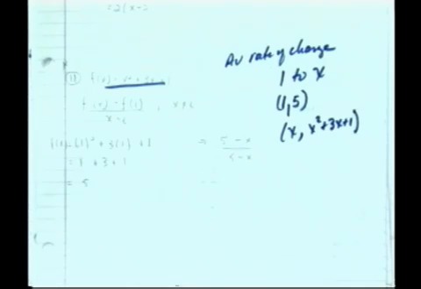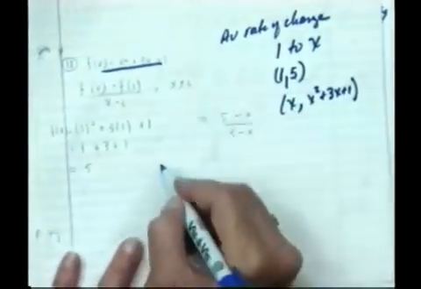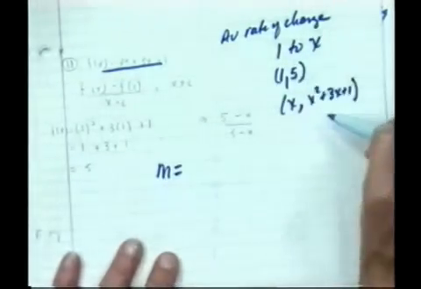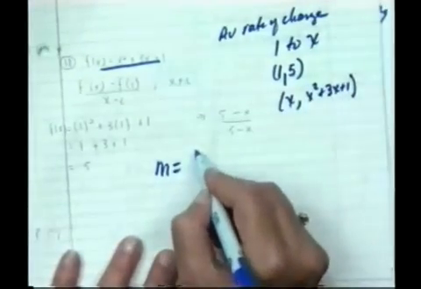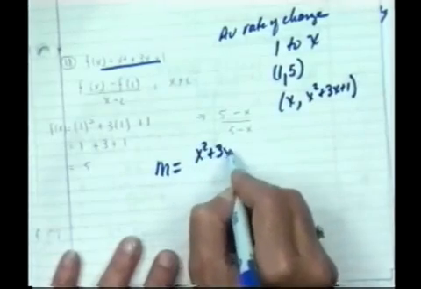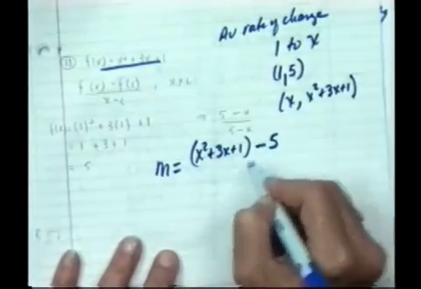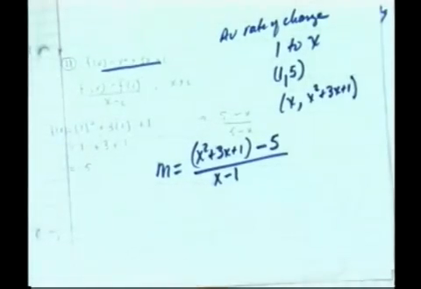Then it says use this result to find the slope between x equals 1 and x equals 2. Remember, slope, which is average rate of change, is just the difference in the y's over the difference in the x's. So the difference in the y's, x squared plus 3x plus 1 minus 5, over the difference in the x's.